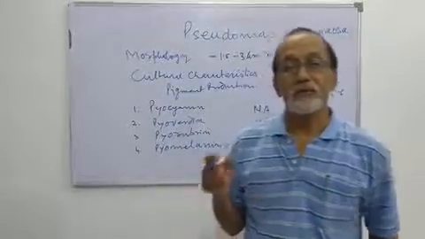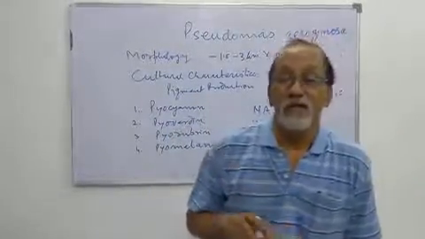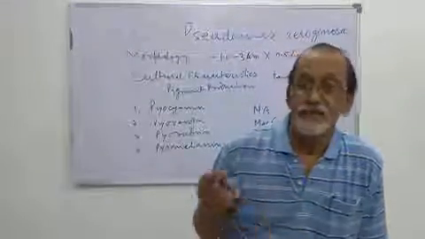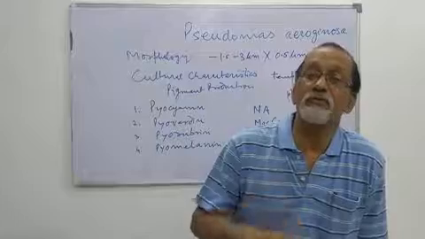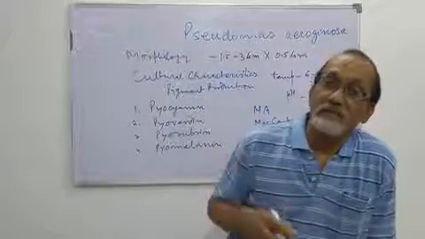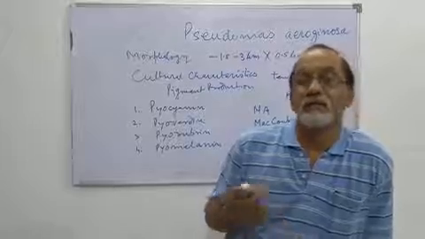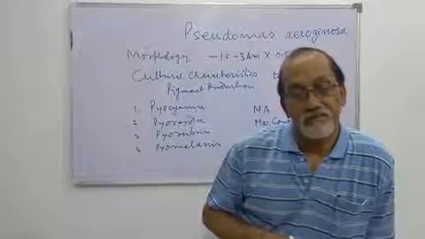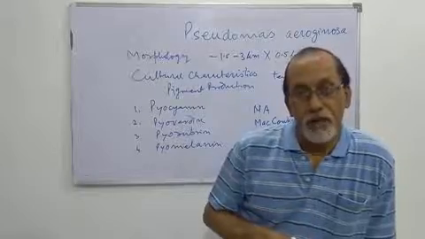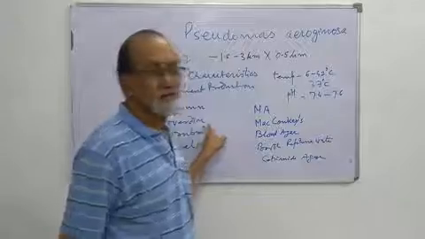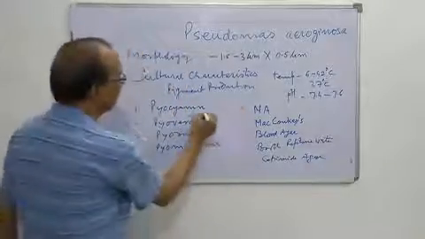Pyocyanin is a bluish green pigment, soluble in chloroform and water. This pigment is not produced by other species of this genus, and hence it is diagnostic of Pseudomonas aeruginosa.